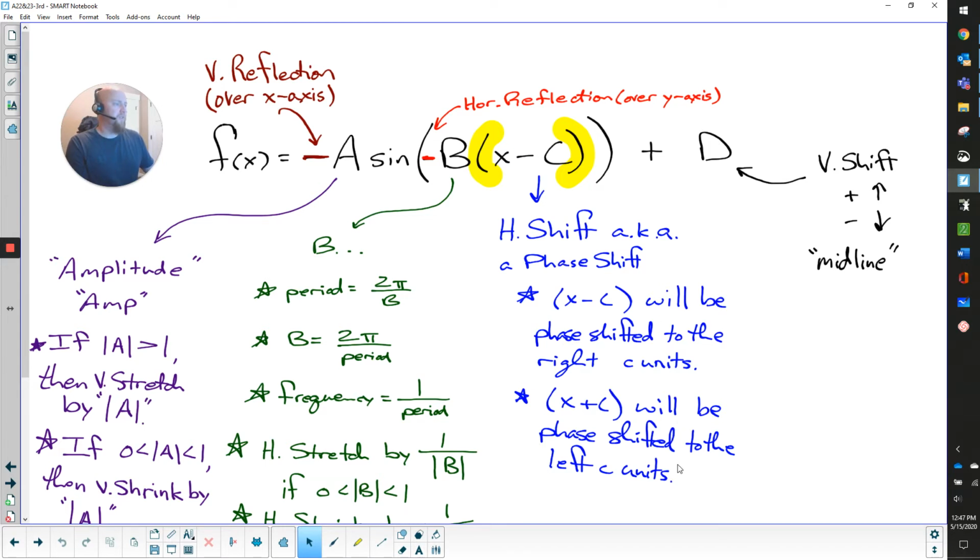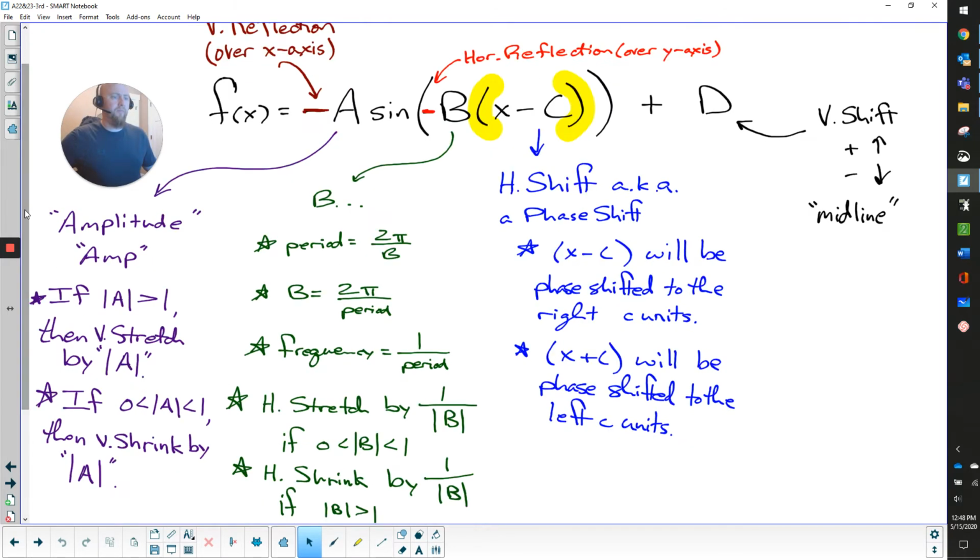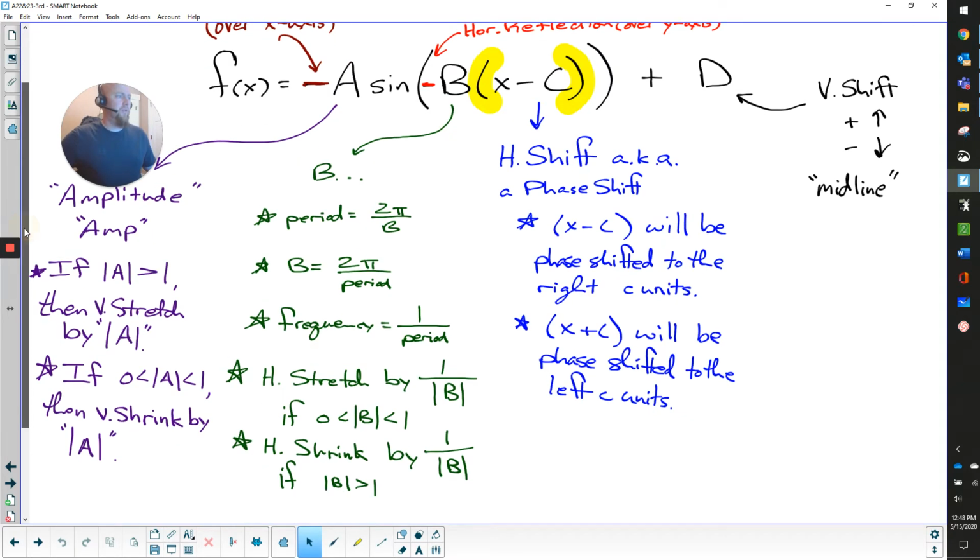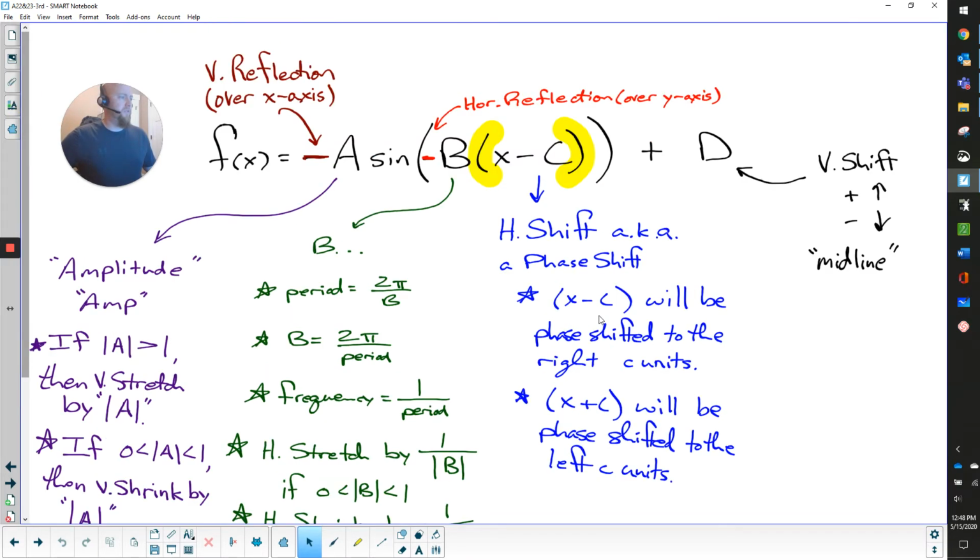So read through this, or get your own notes out if you took some good color notes back on that Wednesday, Thursday. Or refer to this page here. It does go a little bit further. Phase shift is just to describe left and right horizontal shifts for periodic functions.